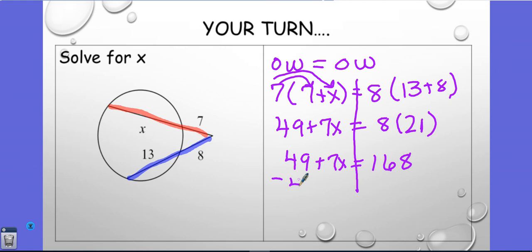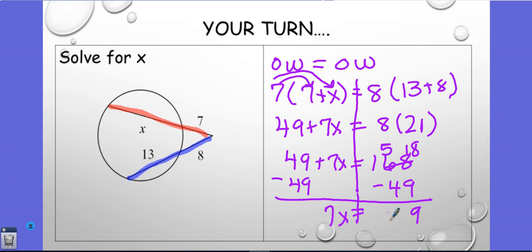And then here, minus 49, minus 49, and we get 7x equals 119. And then we are going to divide by 7.